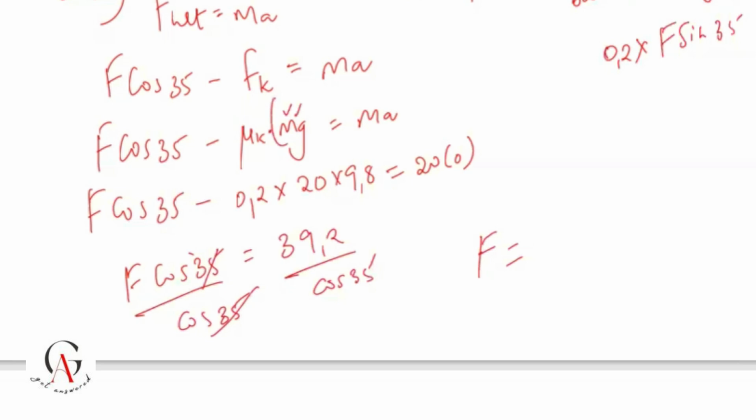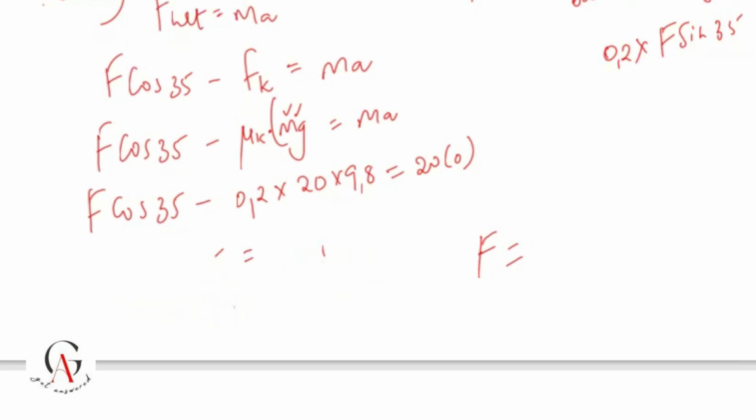So this will be sorted out, let's just move it back a bit, just at this page. Okay, so it's saying the normal reaction is 0,2 times 20 times that, but we are adding.